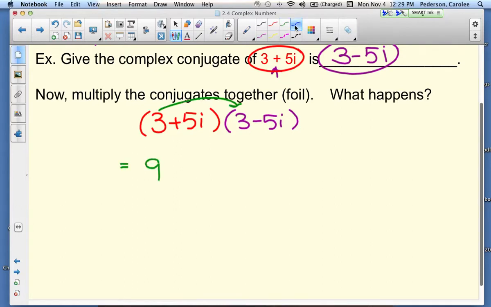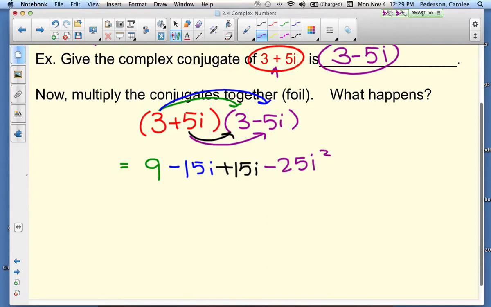Then we do outside. 3 times negative 5i is negative 15i. Then we'll go to inside. 5i times 3 is positive 15i. And then we'll go to last. 5i times negative 5i is negative 25i squared.